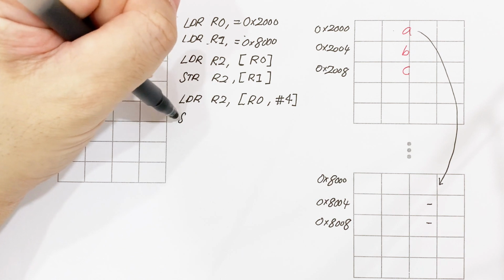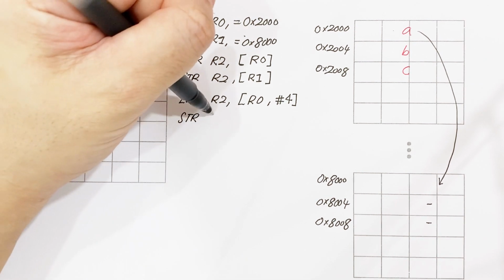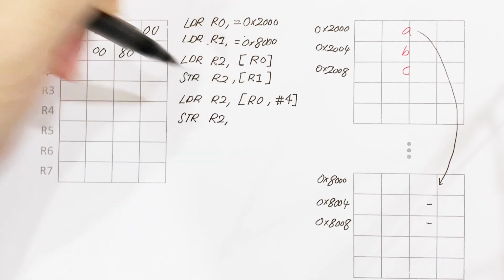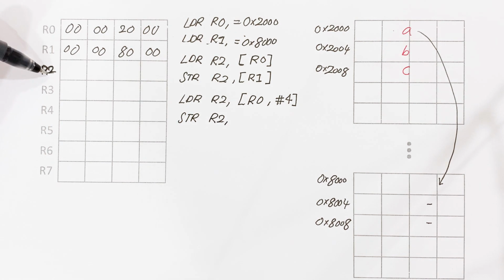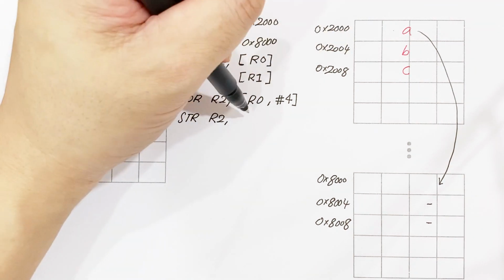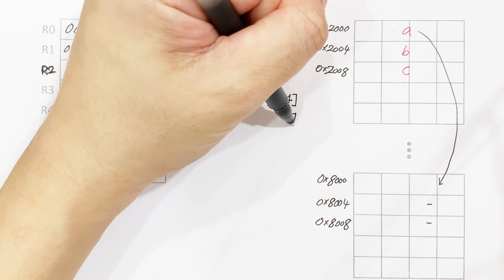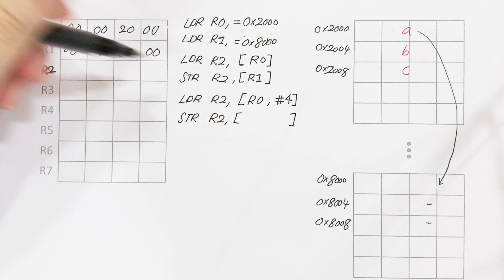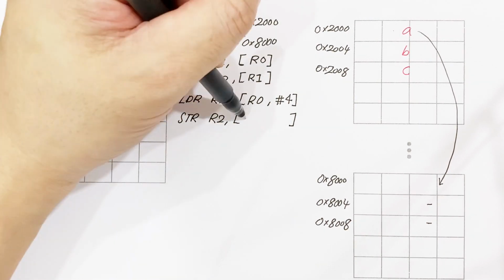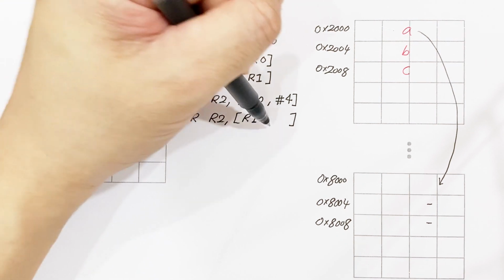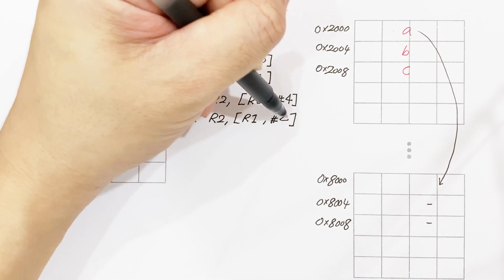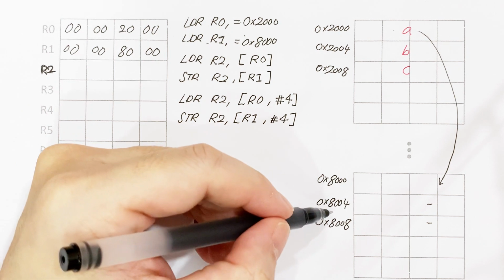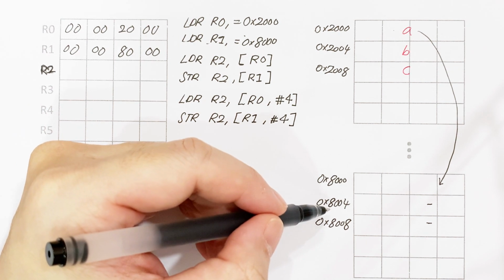And again, we're going to store whatever value we have in register 2, of course it's B, back to the memory location. The address is given by register 1 plus 4, or 8004.